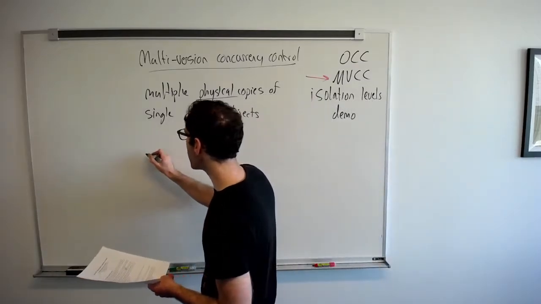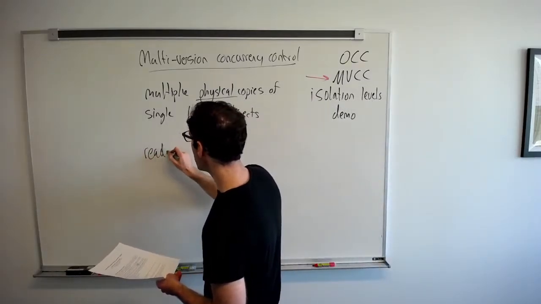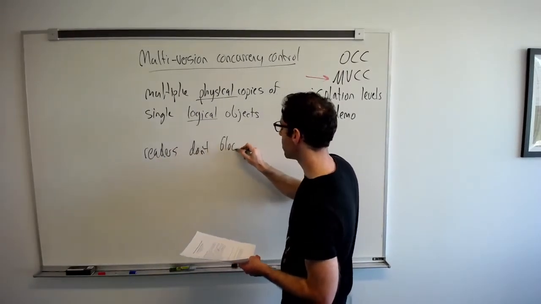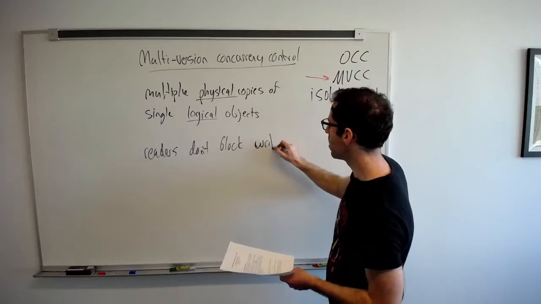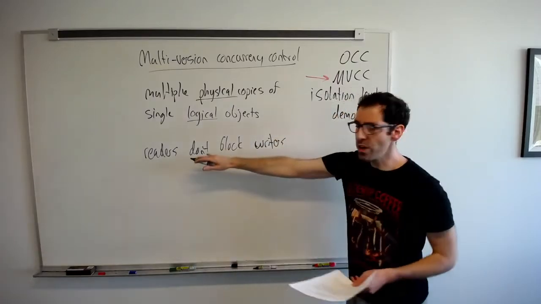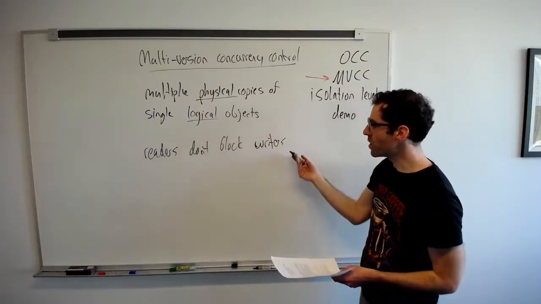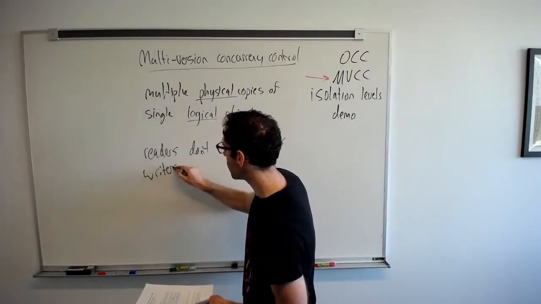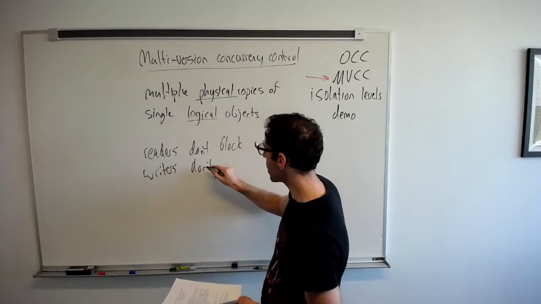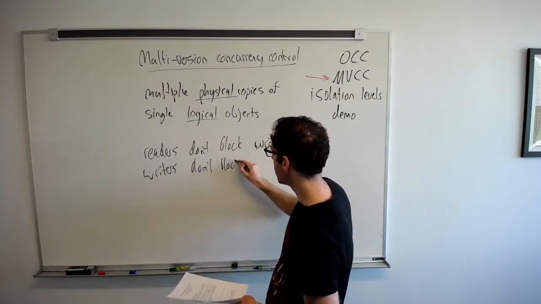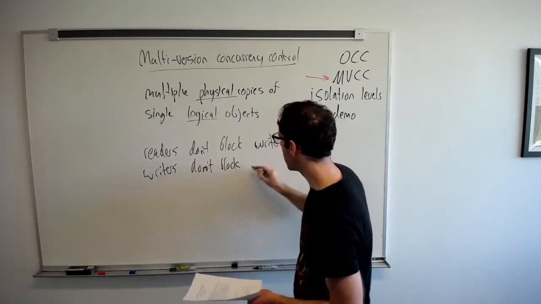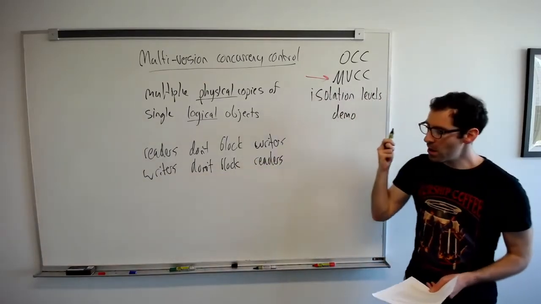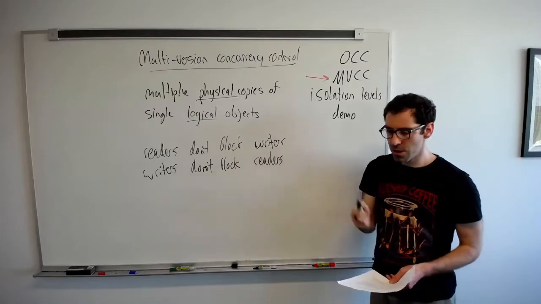And so the big win here is that readers reading some object won't block writers, and similarly, writers won't block readers.